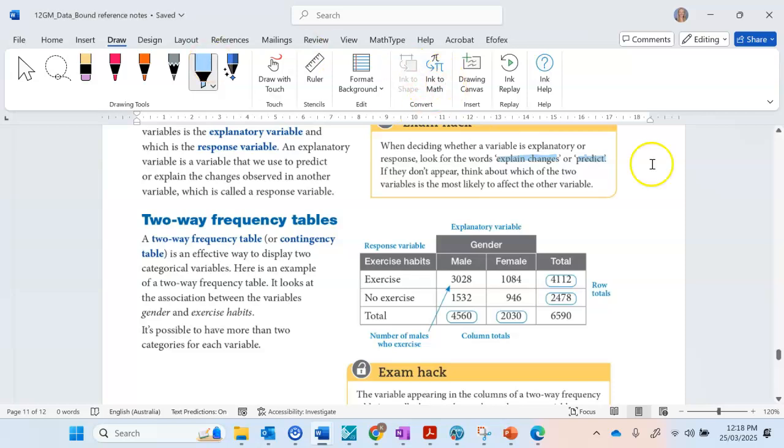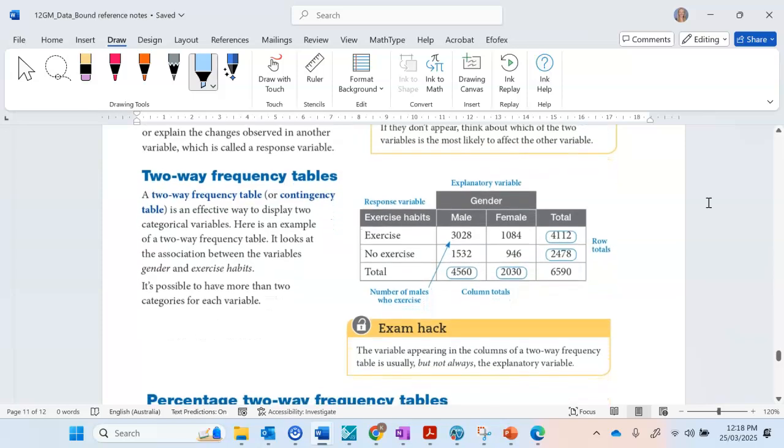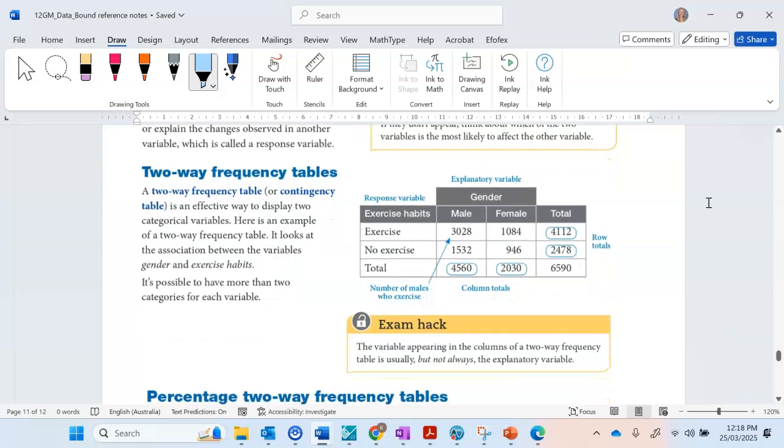All right, so to display bivariate data, we can have a two-way frequency table. So it's probably a good idea to have an example of this. So we've got the gender and exercise habits. You can have it around the other way. It doesn't have to have the explanatory up the top and the response on the side, but you can just see that this cell here has both male and exercise.